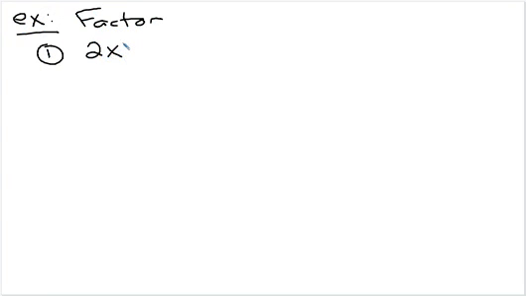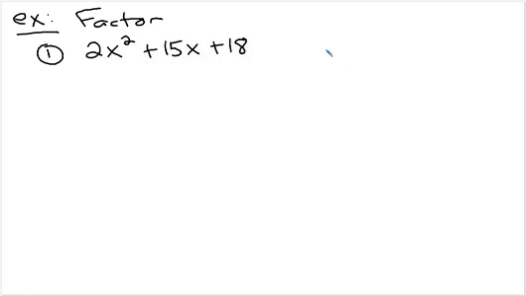I have 3 examples for you today. The first 2 we're going to factor, and then we're going to solve one. So let's say that I am asked to factor this quadratic, 2x squared plus 15x plus 18.